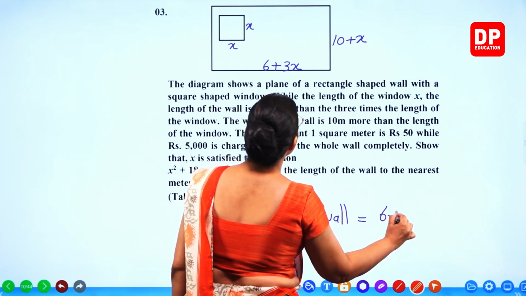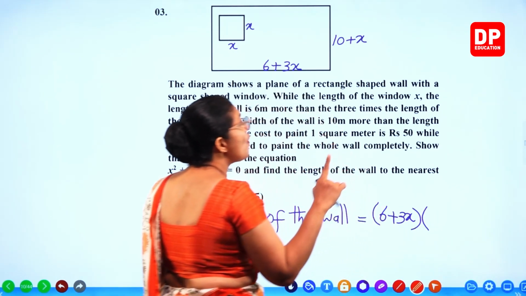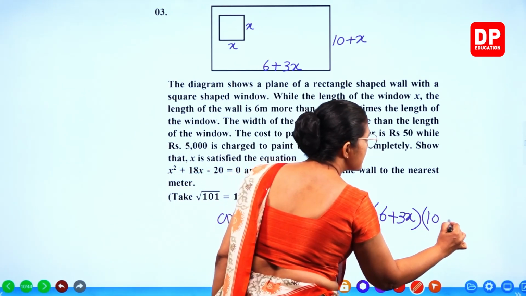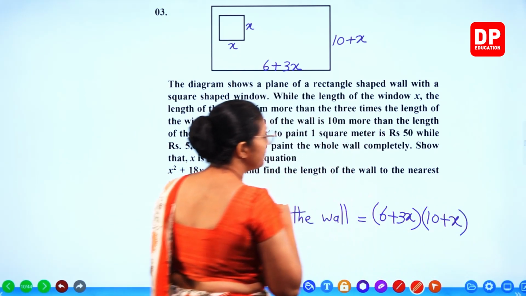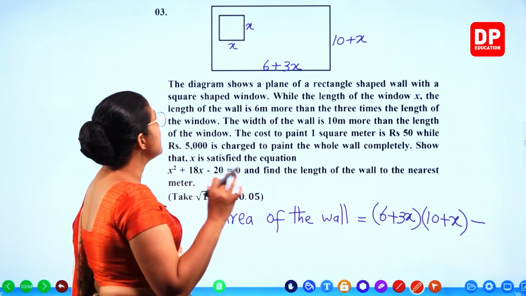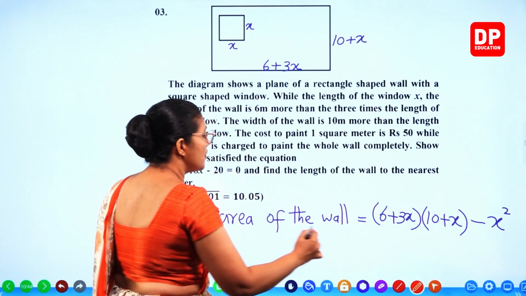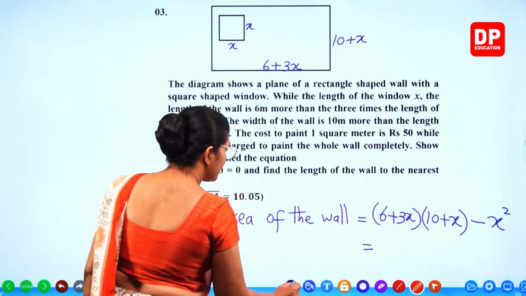So (6 plus 3x) into (10 plus x), length into width is the area of the rectangle, minus the area of this window, x into x, that means x squared. So let's simplify.